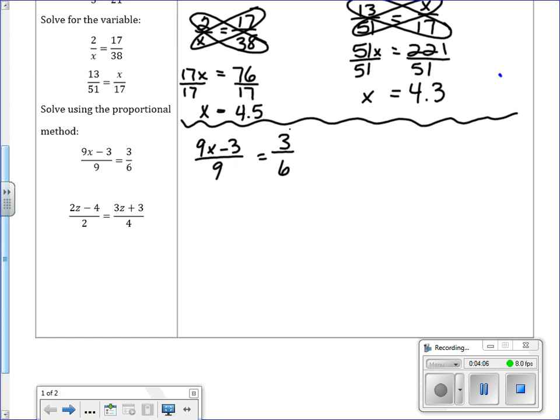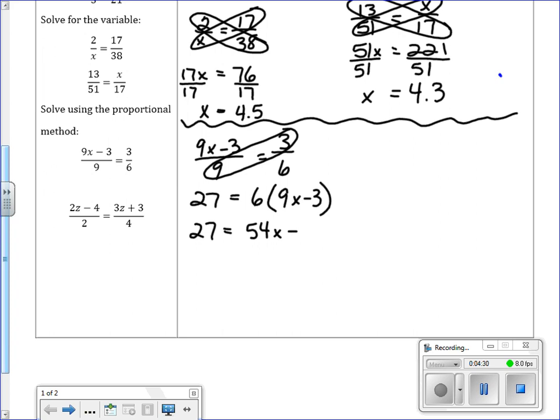And 3 times 9 is 27. And that's going to equal 6 times the quantity 9x minus 3. This is where our distributive property comes in. So I have 27 equals 54x minus 18.